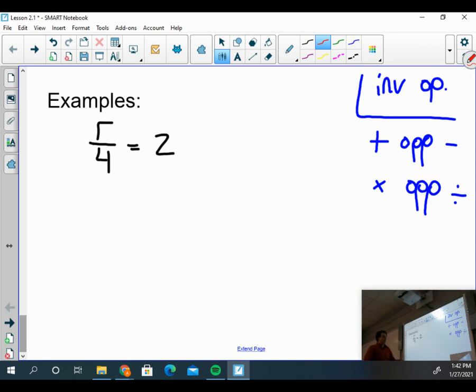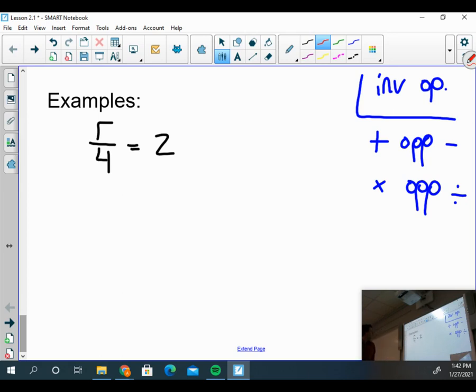And again, we have the same goal. Get the variable by itself on one side so we can identify what it is. Okay? So how are we going to get it by itself? Well, again, let's think about what is happening to the variable. We have the letter R. What's happening to it? Well, the R is being divided by 4.